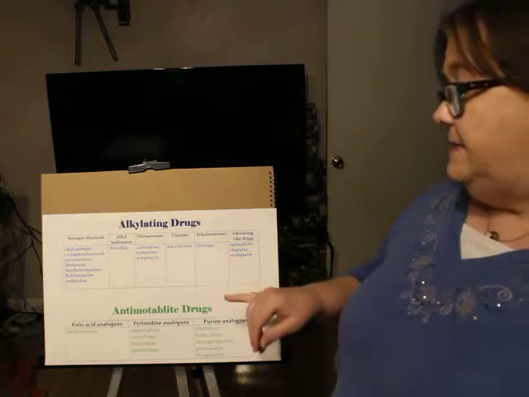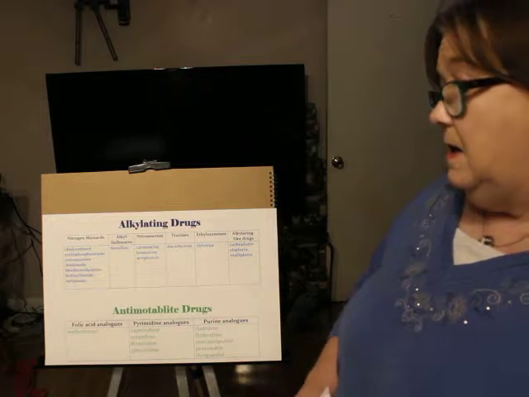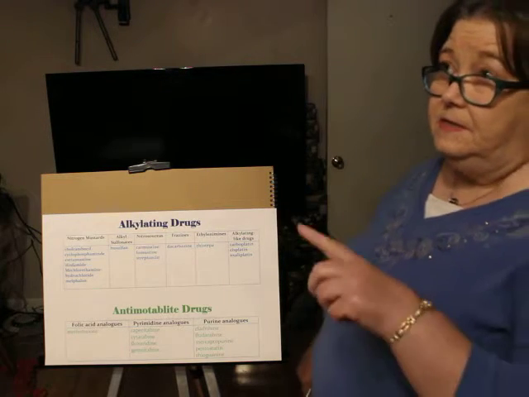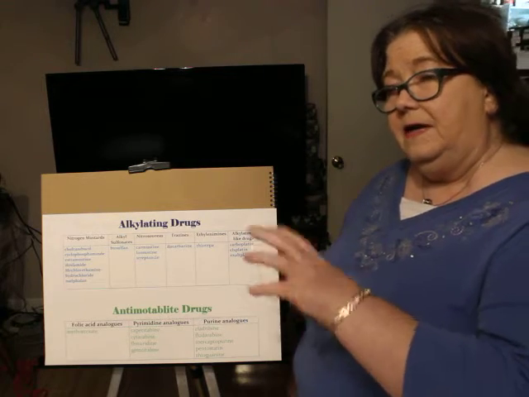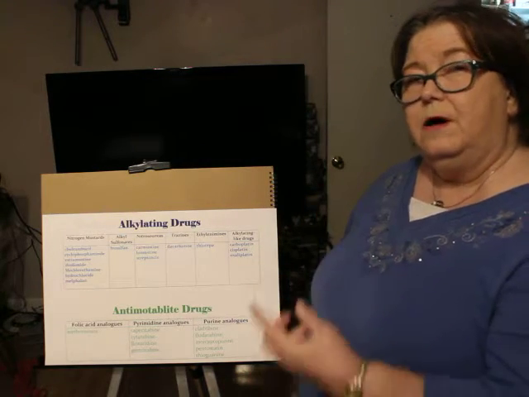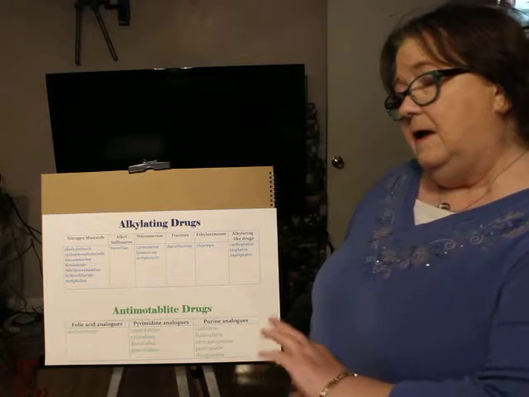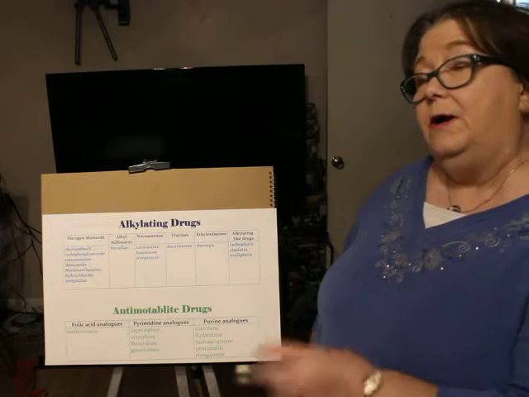Now, the antimetabolite drugs. The folic acid analog is methotrexate, and it keeps the body from turning the folic acid into a usable product for the cancer cells. But it also gives the body's natural cells a way to work around that.